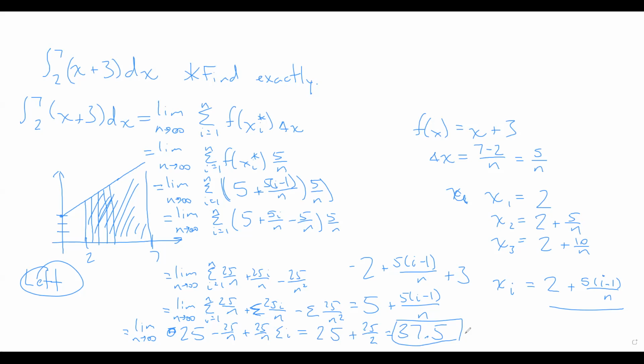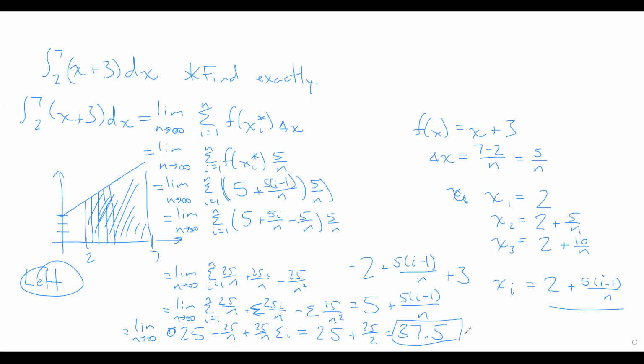Okay, so let's think about it in terms of rectangles. Actually, is that the right way to think of this? Let's think about it in terms of what it is. It's a sum, right? So for this one here, I am adding. This 25 over n is a constant, right? And the summation, this sigma, means I'm going to add a bunch of them together. 25 over n plus 25 over n plus 25 over n.